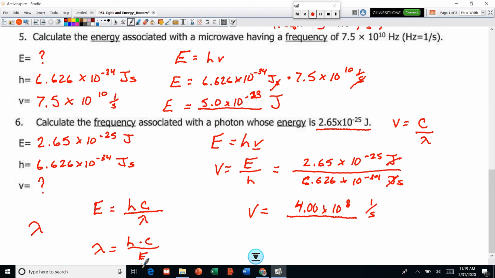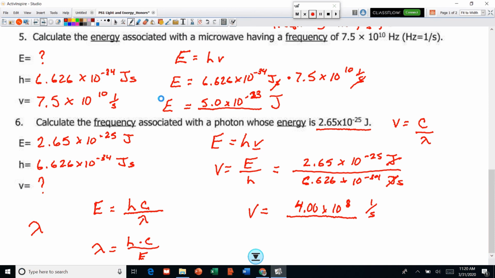So just realize that you can combine these formulas to get different information depending on what you have. You're not just locked into one thing.